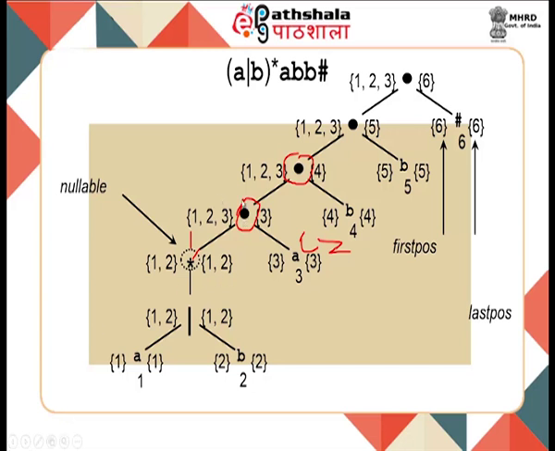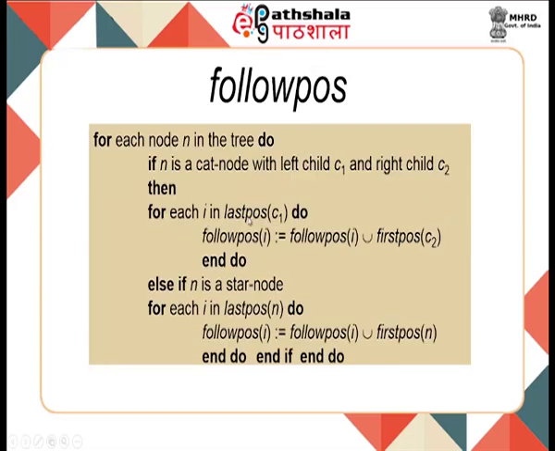So this is my cat node, this is my left child, this is my right child. Left child is C1, right child is C2. My algorithm should look at every element in the last position of C1. For each I in last position of C1, follow position of I is equal to follow position of I union first position of C2.